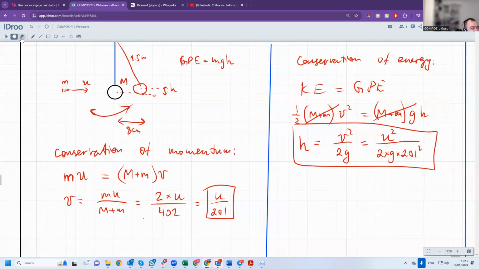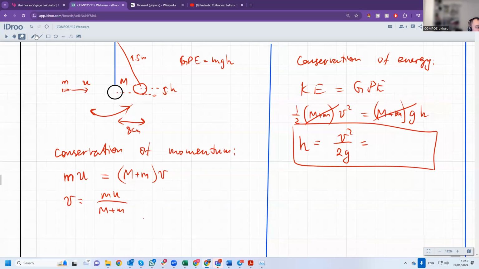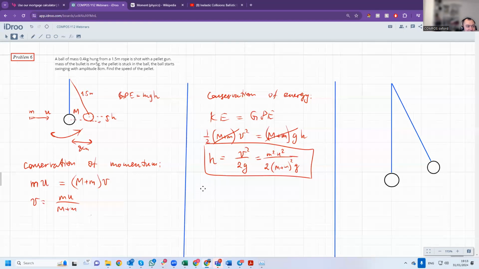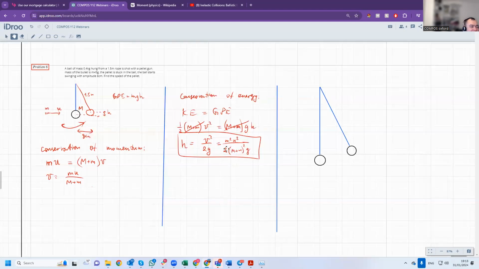You know what? Let's keep it as h equals m squared u squared divided by 2 (M plus m) squared g. Let's keep it in terms of m and then substitute everything at the last moment, because I did two versions of this problem.